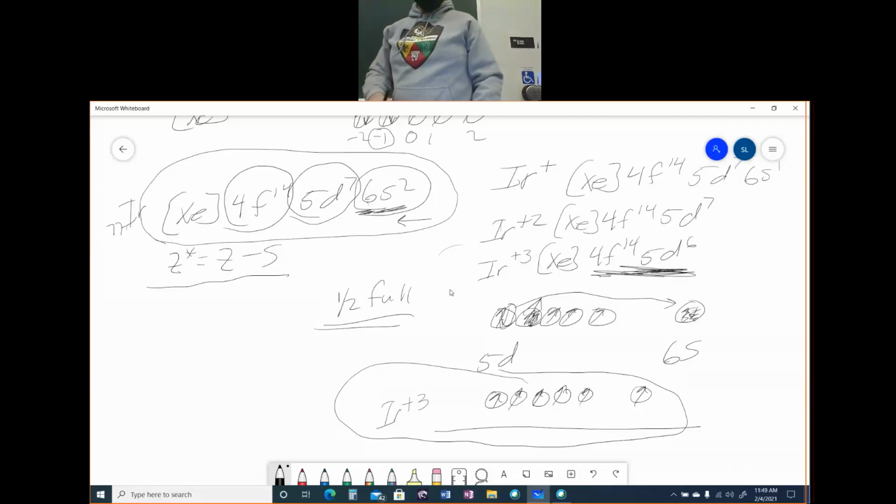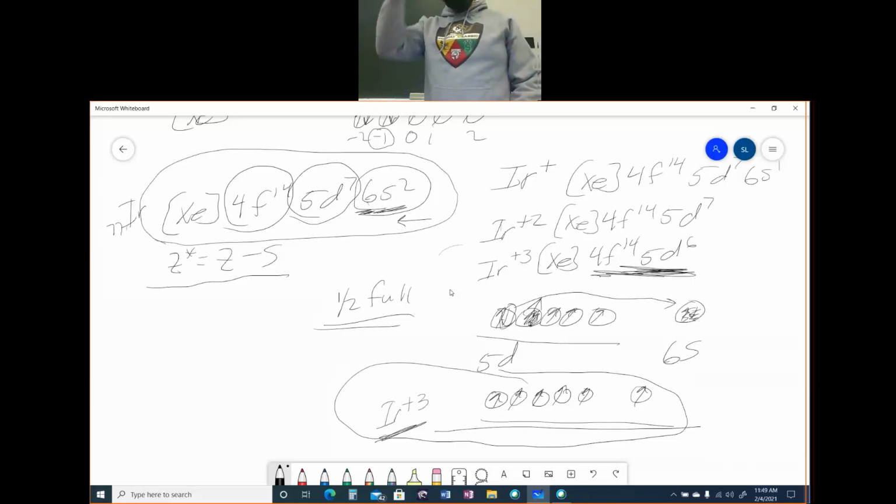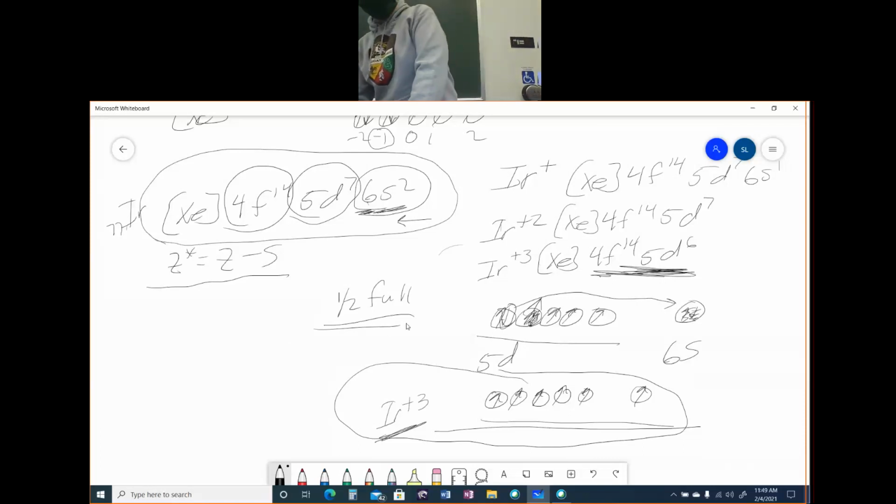You would have to run experiments to see if your cation is paramagnetic with 6 unpaired electrons, or paramagnetic with 4 unpaired electrons. So you'd have to design an experiment to calculate that. But anyway, you should know that a lot of your exceptions are all based on full is very stable.